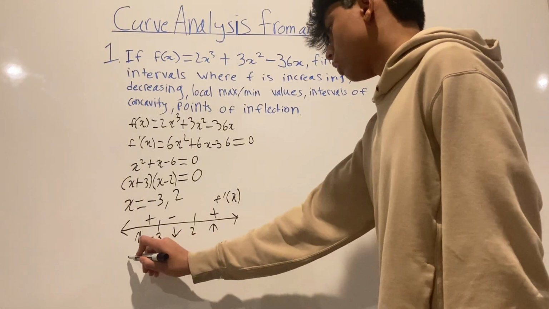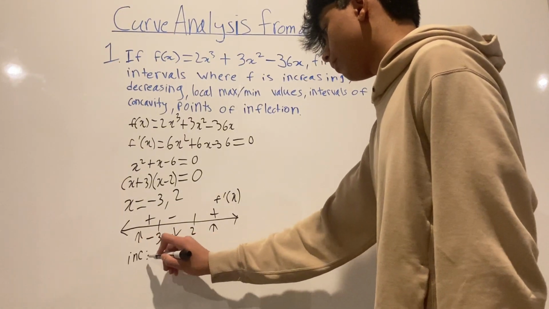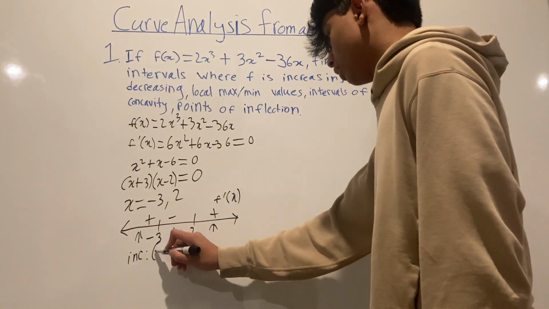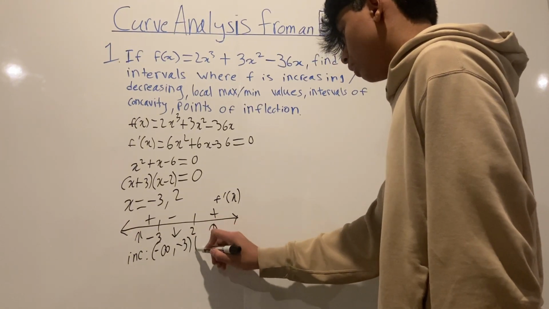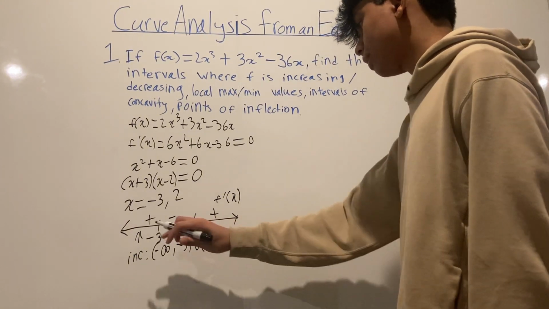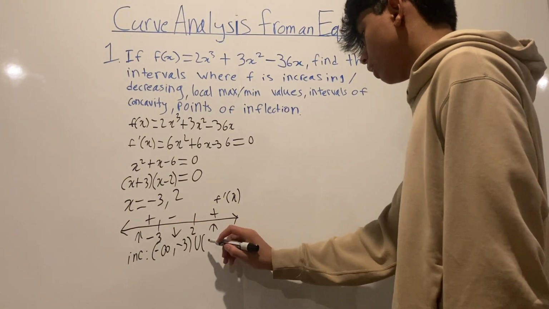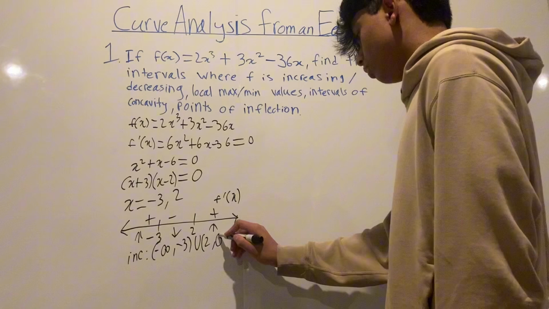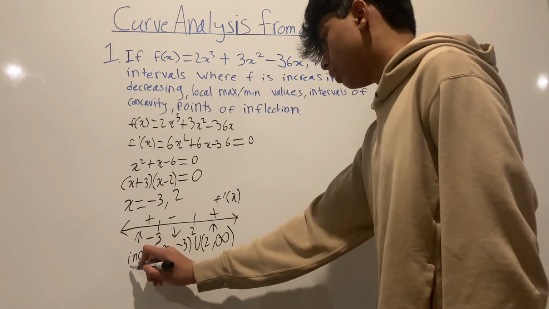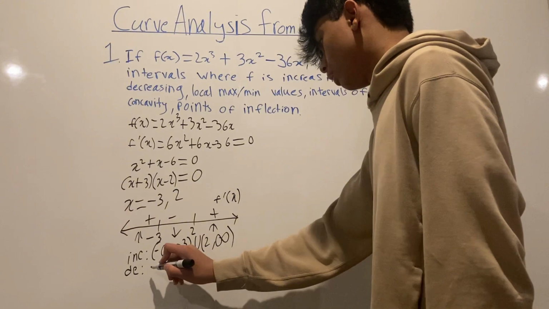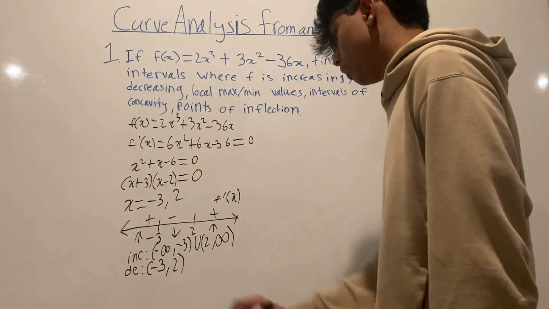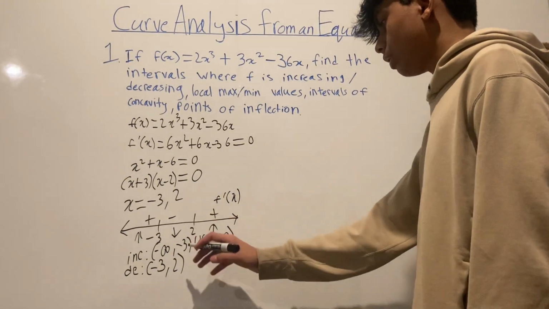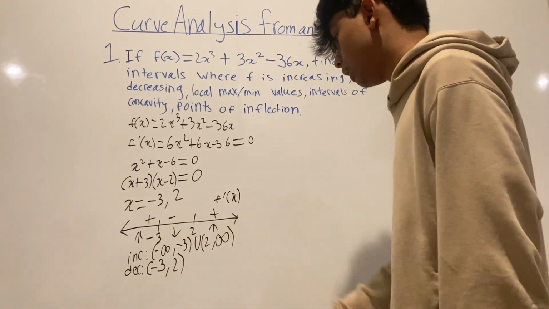Okay, so the function is increasing in the intervals negative infinity to negative 3, union, and the union just means that there's a break in the curve, from 2 to infinity. And then it's decreasing from negative 3 to 2.